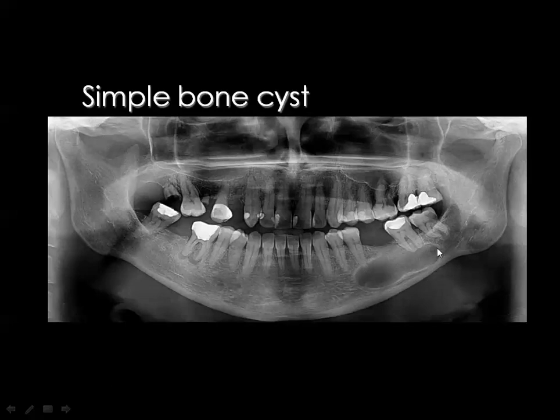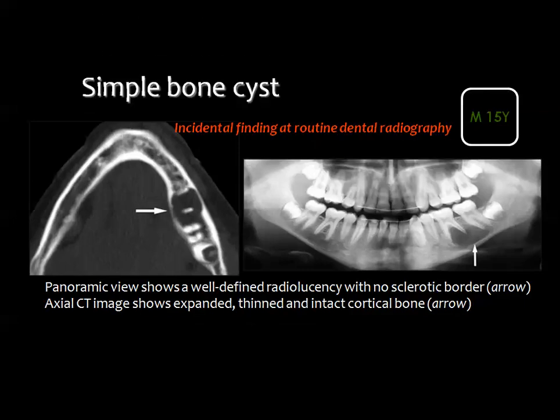Then this is another example, and you see a unilocular simple cyst-like structure within the mandible, and the related roots of the teeth are intact, which may suggest the possibility of a simple bone cyst.